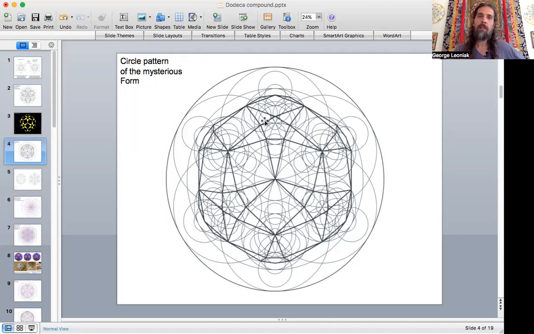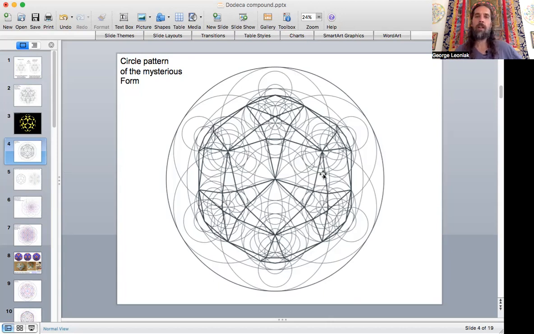They're part of a pattern that is giving you these vertices. So every single circle in this, which is golden ratio, has a purpose in creating the form. It's not like they're just randomly placed down here. They're actually getting the vertices, because this is a tricky form to create.